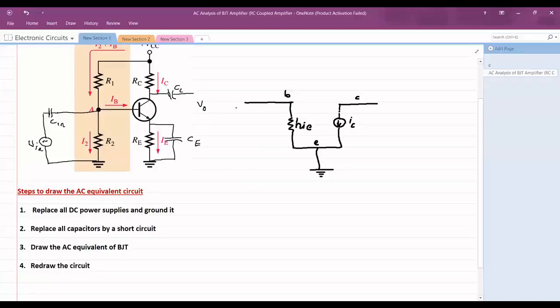Now, from the input, we have one connection, that is our input voltage source, that is going to the ground. Then we have one R1 resistance that is also going to the ground. Then we have R2 that is also going to the ground.